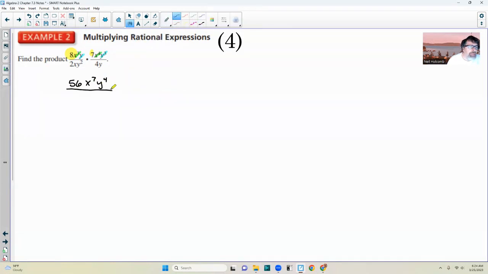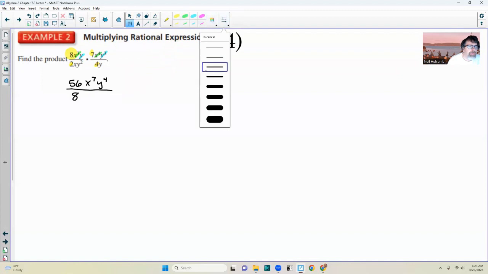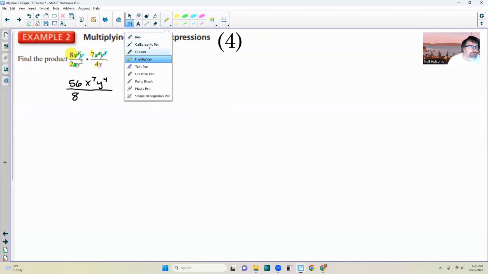I'm going to divide that by, and then I do the same in the denominator. Okay, I have a 2 times 4 is going to give me 8. Okay, and then I have an x, no x. So I'm just going to write x.